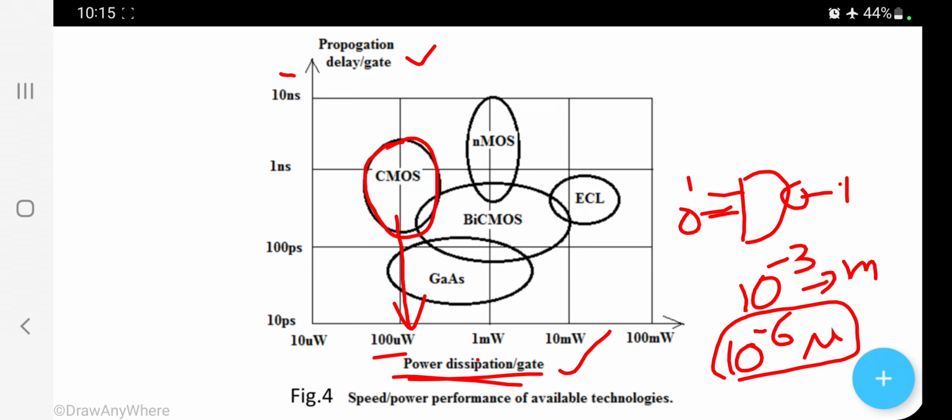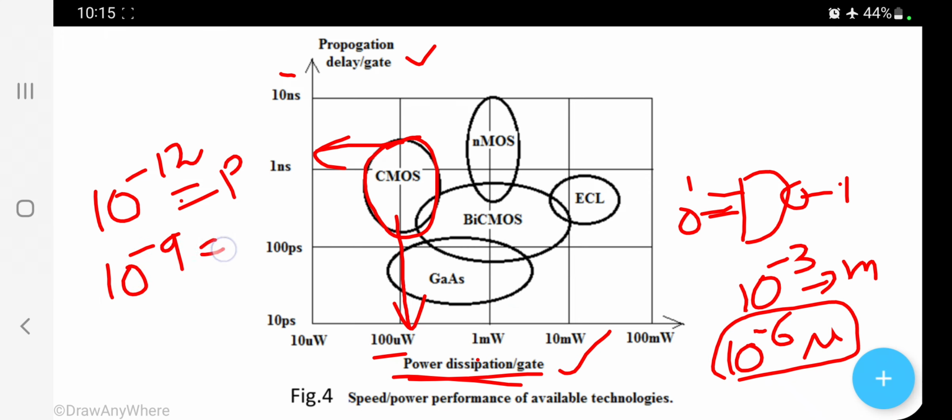And the propagation delay, that's also best, in nanoseconds. I think you know that pico means 10 to the power of minus 12, nano means 10 to the power of minus 9.